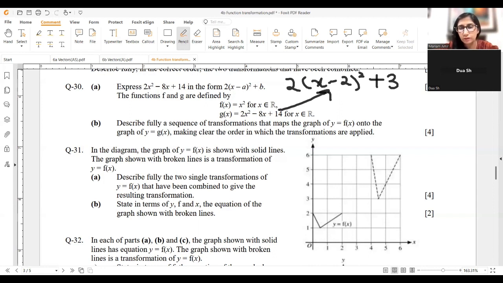I'm pretty sure there's something missing. I'll check it and I'll get back to you. No, I think that is all there is. Like x squared is changing into that. Hold on. Yes, there's something missing. I'll check from the marking scheme and then get back to you.